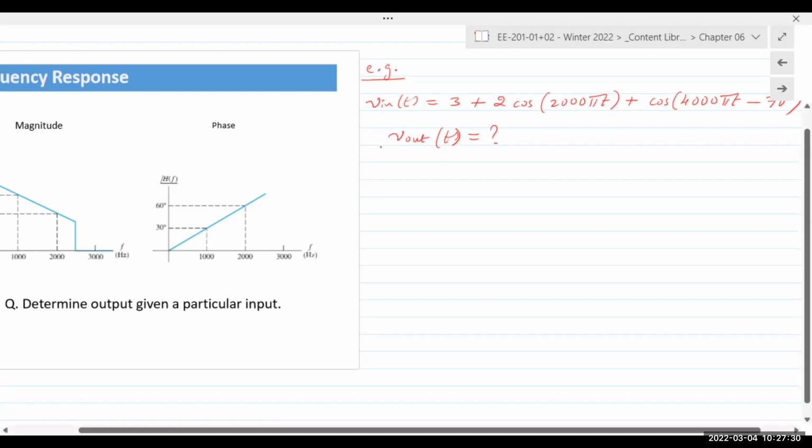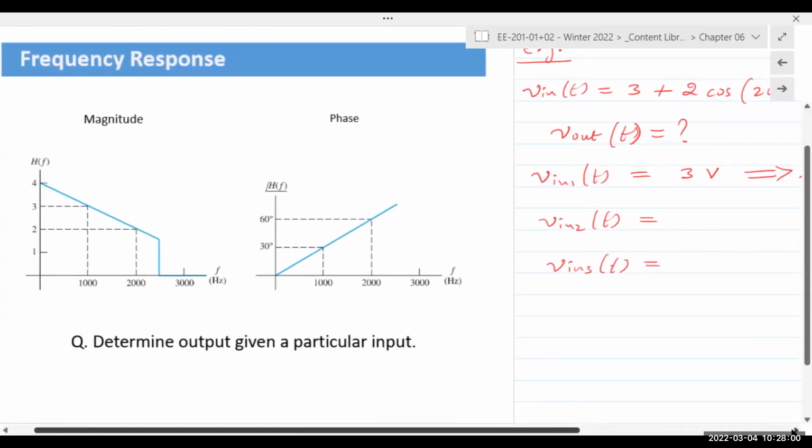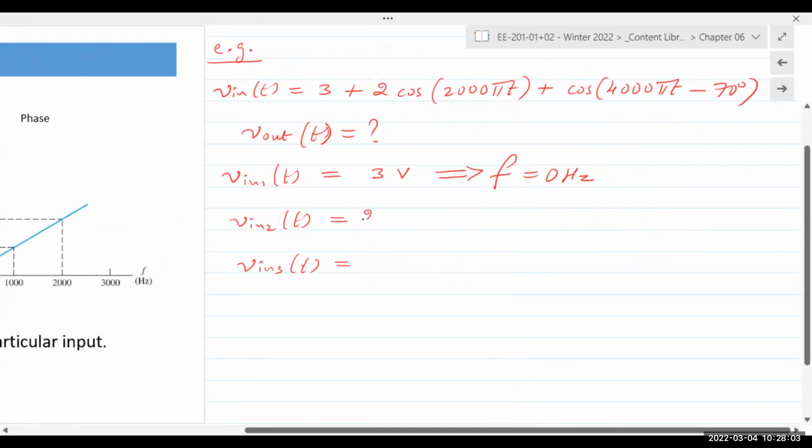All right. So I'm going to break down V in of t into 3 separate components: V in 1 of t, V in 2 of t, and V in 3 of t. V in 1 is 3 volts, so frequency f is 0 hertz. V in 2 is 2 cos of 2000 pi t.